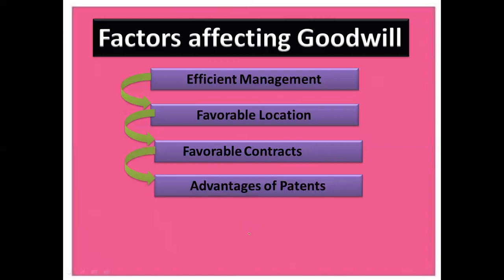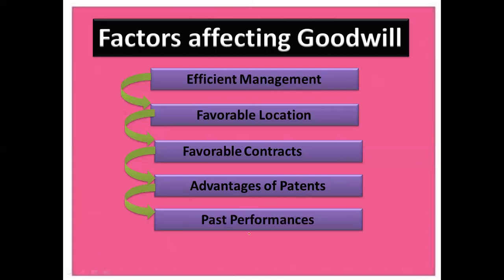Next is advantages of patents. Patents, you know, are an intangible asset. Sometimes an organization has innovated some new way of designing things, and they get it patented, registered for their firm only. The more patents any firm has, the more reputation they add to the business.